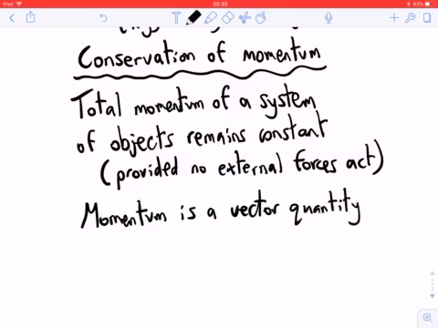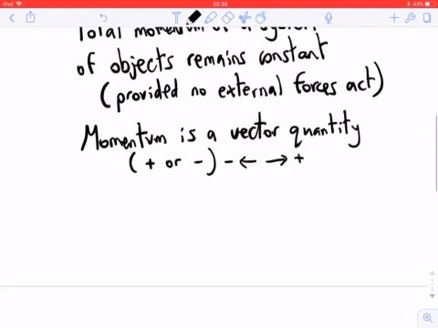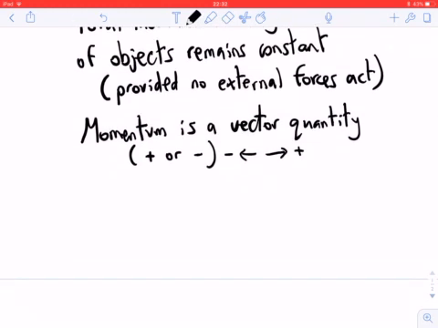And typically in collisions we're thinking in one dimension, so we represent it using positive and negative values. And often we put positive going to the right and negative going to the left. And you'll see when we do some calculations why that's important. Okay, so that's the basic idea. Let's see what we can do with it.